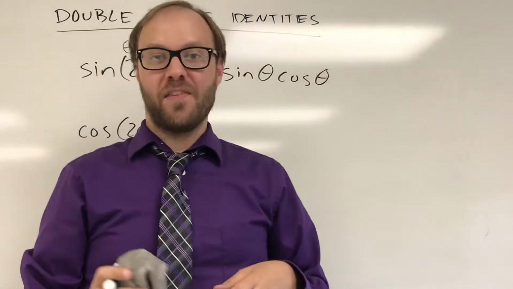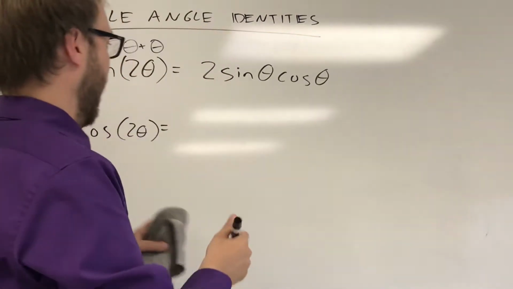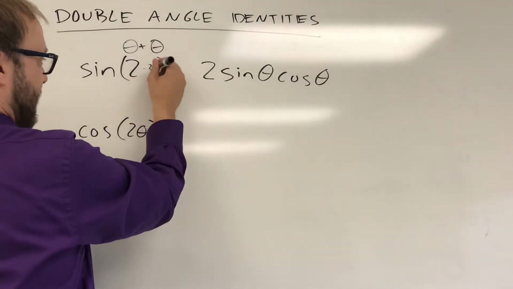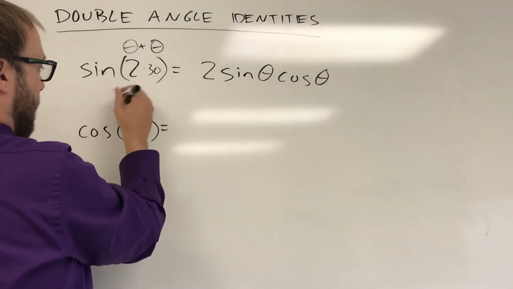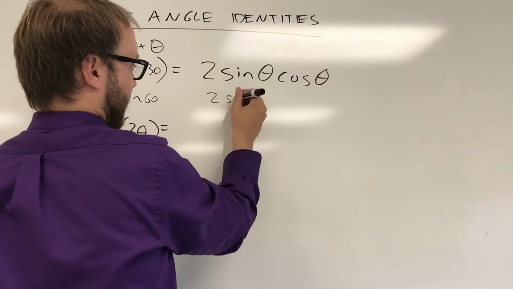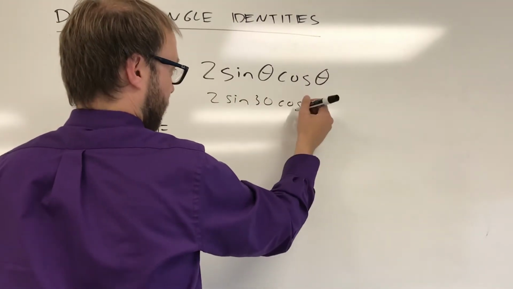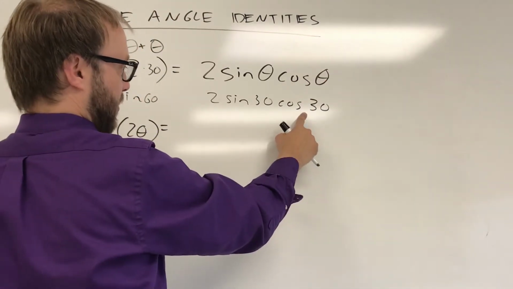So if I wanted to find the value of sine of 60, for example, let's say I didn't know how to do that, I could take the sine of twice 30 to get the sine of 60, okay? And the formula says I could take twice the sine of 30, which is 1/2, times the cosine of 30, that's radical 3 over 2.